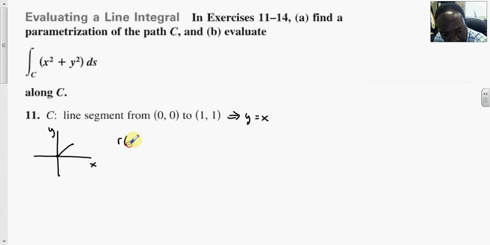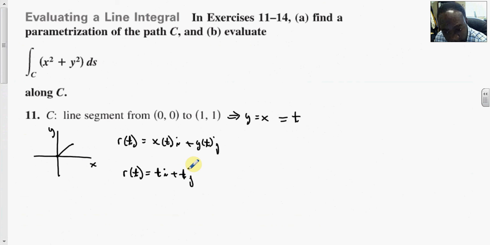I need to build r of t where I have some term here that represents x plus some term here that represents y. Well, and it has to be in terms of t. Well, if y equal to x, it's the same thing. We just set that equal to t. So r of t is equal to t i plus t j, because x is assigned to t, y is also assigned to t.